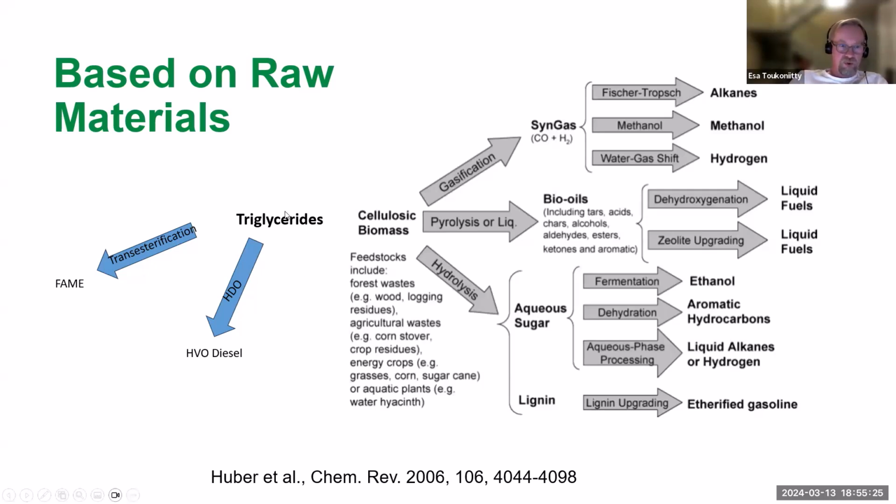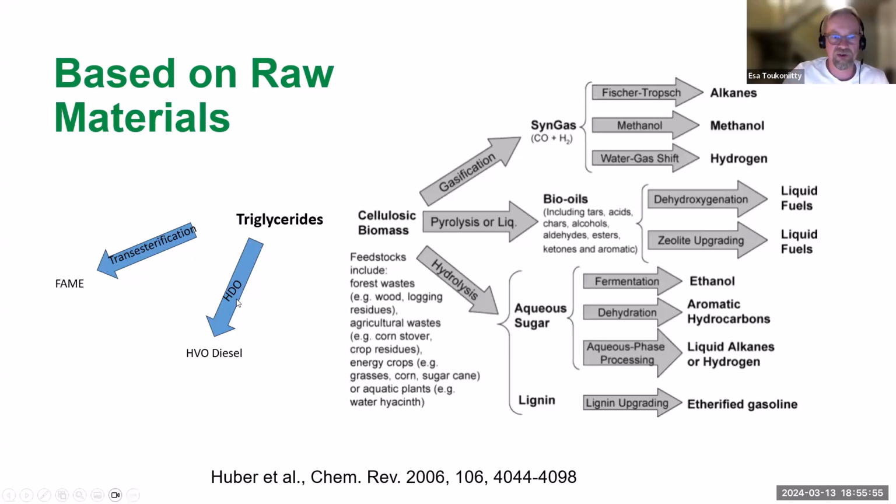And two possibilities that we cover during the course is the FAME production, fatty acid methyl ester. So we take alcohol and use acid or base catalyst, and an esterification reaction makes that product. Also glycerol comes as a side product, but we'll get this biodiesel out from that.